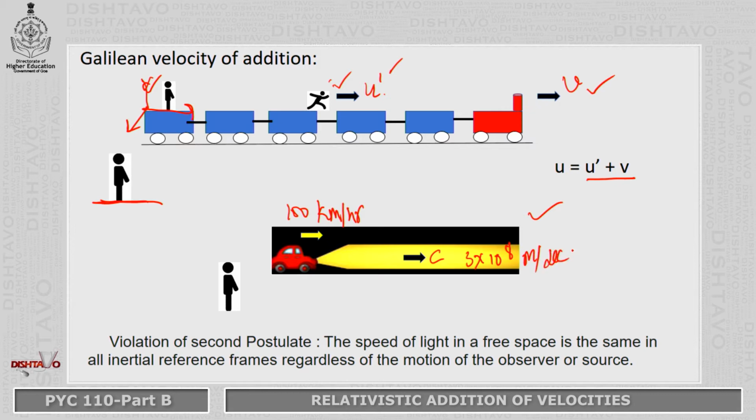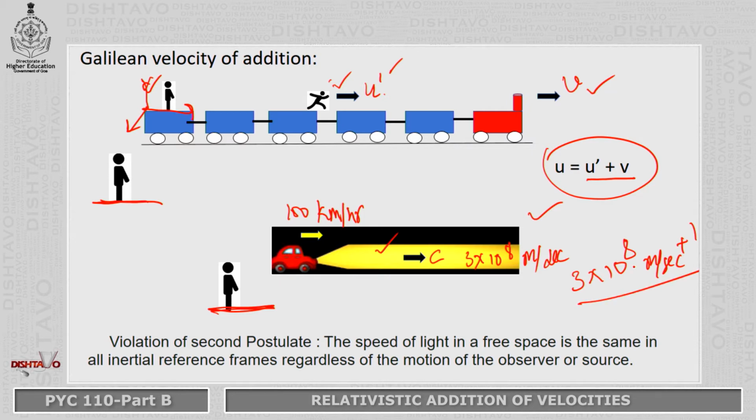If you take the Galilean velocity addition into consideration, you will find that the velocity of this light beam measured by the stationary observer will be 3 into 10 to the power 8 meter per second plus the speed of the car, 100 kilometer per hour.